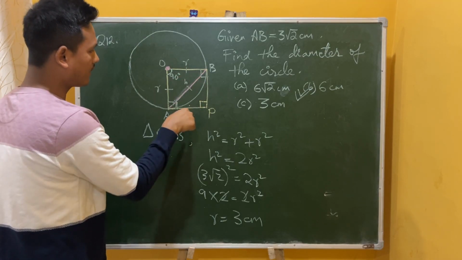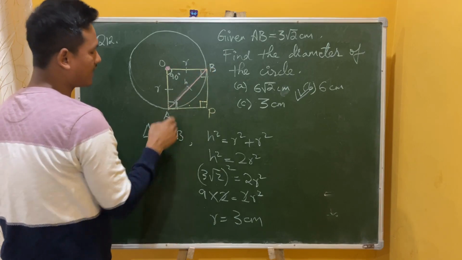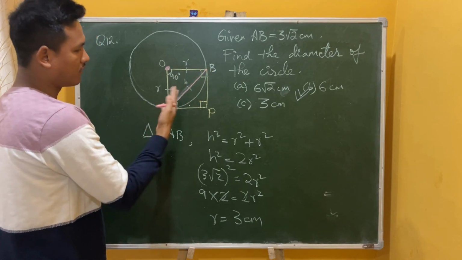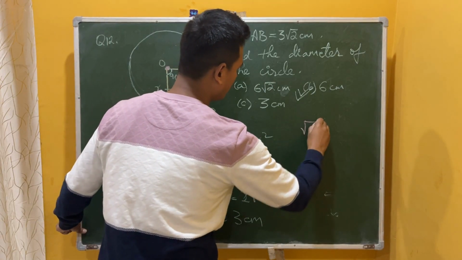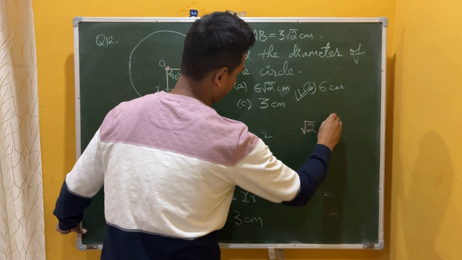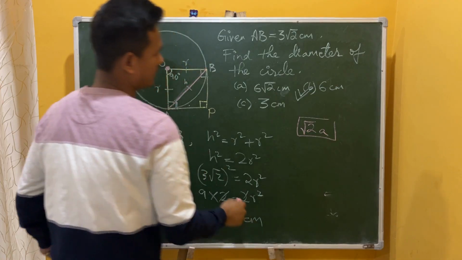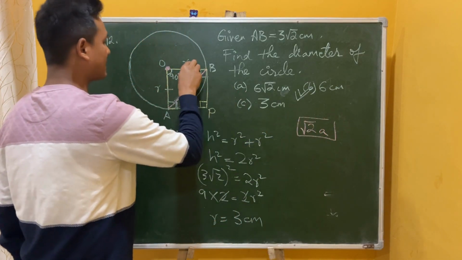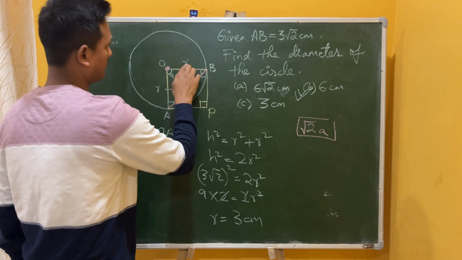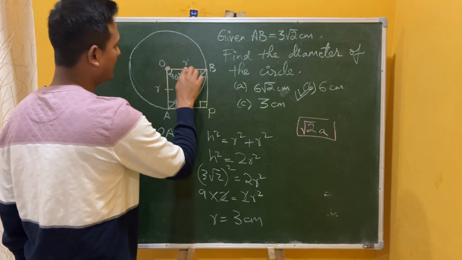So if this is a square, AB is diagonal. The formula for finding the diagonal of a square is root 2 a, where a means side, right? Here side is r.